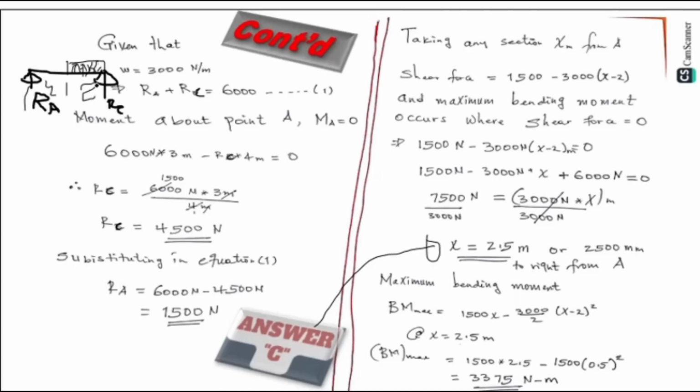For a uniformly distributed load, the resultant acts at L over 2, the center. So we have 6000 Newton times the distance: the full span is 2 meters, and half of this is 1 meter.